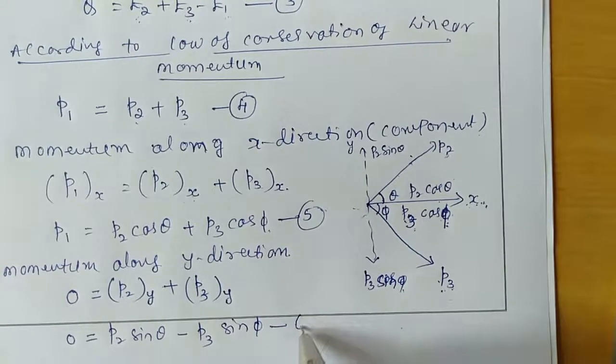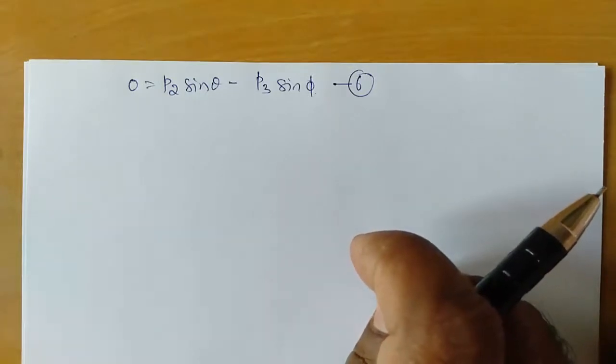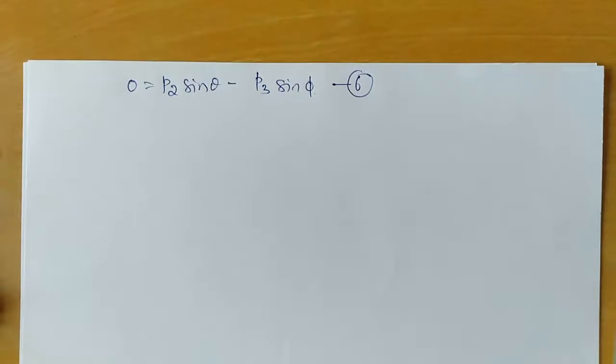So this is equation number 6. So our previous equation was 0 is equal to P2 sin theta minus P3 sin pi. That is the vertical components of the linear momentum of the ejectile, projectile and the residual nucleus.